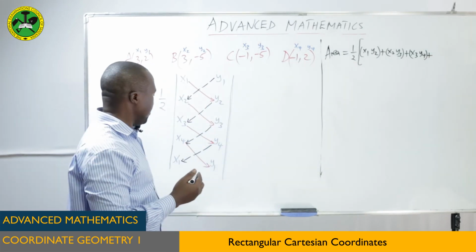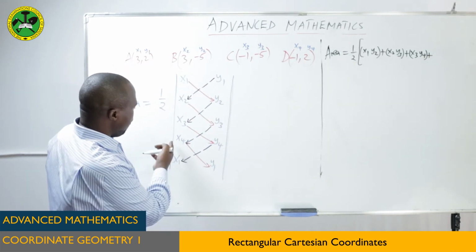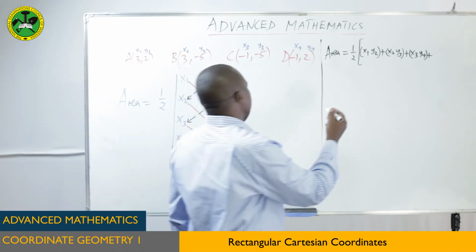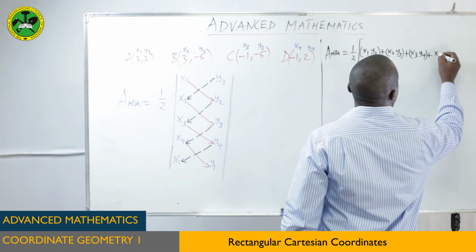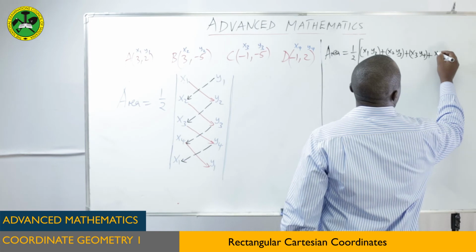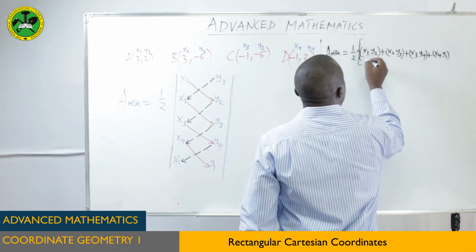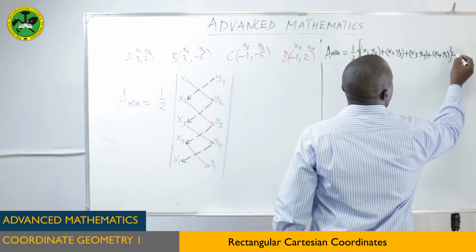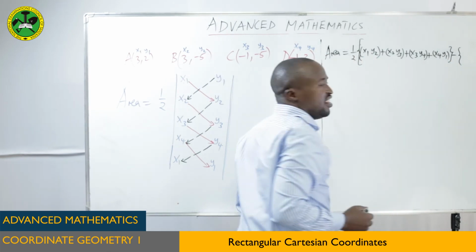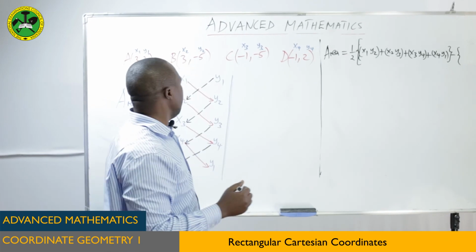Then we have x4 and the y1, that is x4, y1. So here we just subtract the dotted arrows.